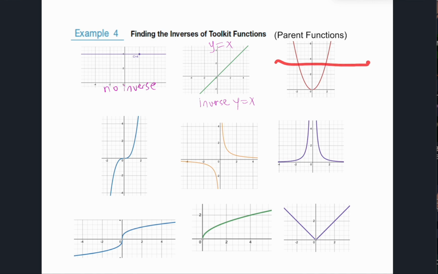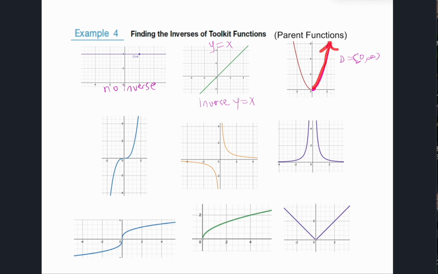The quadratic function does not have an inverse. Sometimes what we'll do is we'll only use half of it. So we will say that our domain is just from 0 to infinity. And by using just 0 to infinity, we will only use this half of it, so that we do have an inverse, so it would pass the horizontal line test.